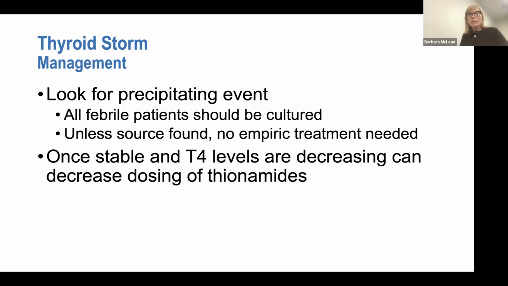And then you've got to figure out what was the precipitating event, right? Because something caused the thyroid gland to go into storm, something that was causing an alteration in metabolism. So that could be DKA, that could be HHS, that could be sepsis. We've got to look for the precipitating event. Now you're going to look for that source. So if the patient has an infection, they've got thyroid storm, plus they still have an infection and they're still septic.